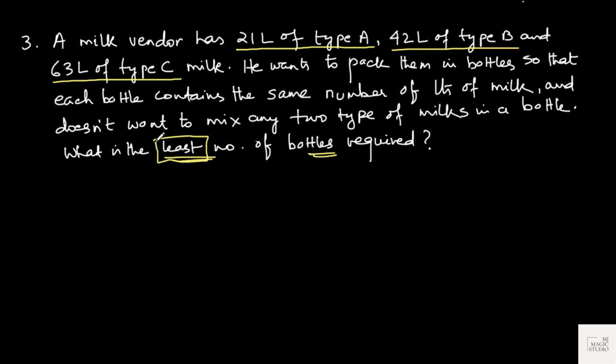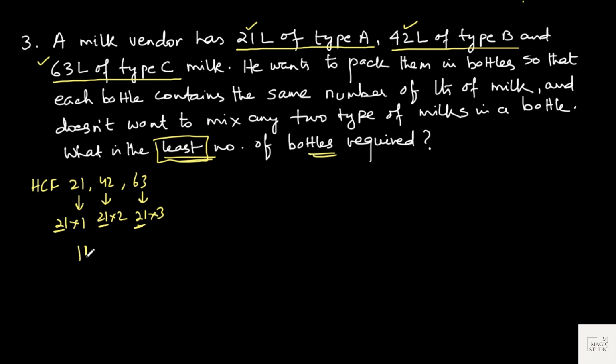Now the word here is least, it doesn't mean that we need to find LCM. We need to find such a volume of a bottle which can divide 21, 42 and 63. That means we are looking out for the HCF of 21, 42 and 63. We can see that 42 is 21 into 2, 63 is 21 into 3, and 21 itself is 21 into 1.